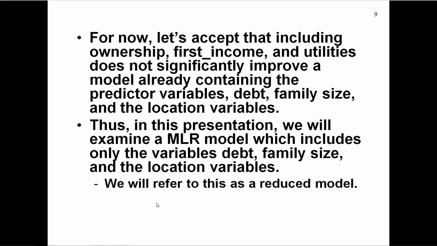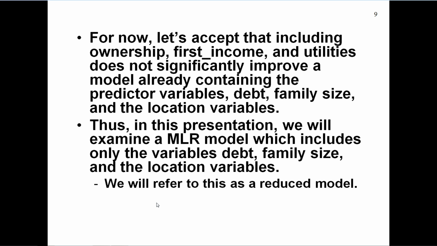I want you to accept for the time being, and we'll have more to say about this later, that those three variables do not significantly contribute to the explanatory power of a model already containing the five other variables, debt, family size, and those three dummy location variables, loc 1, loc 2, and loc 3.